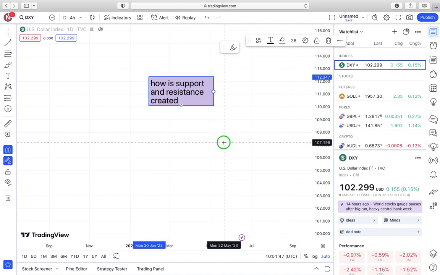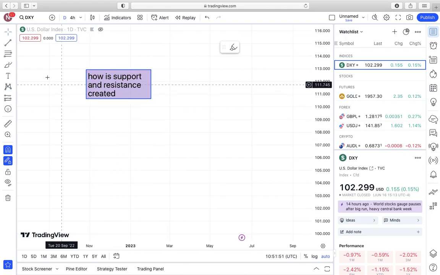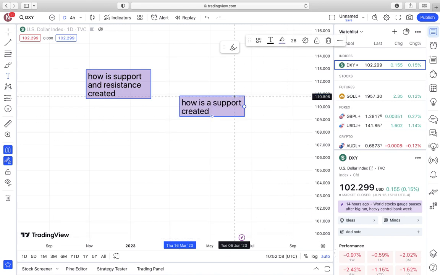And I want you to pay attention to this because it is very important, guys. Now we are going to start with how a support is created. That is the first topic we're going to look at.